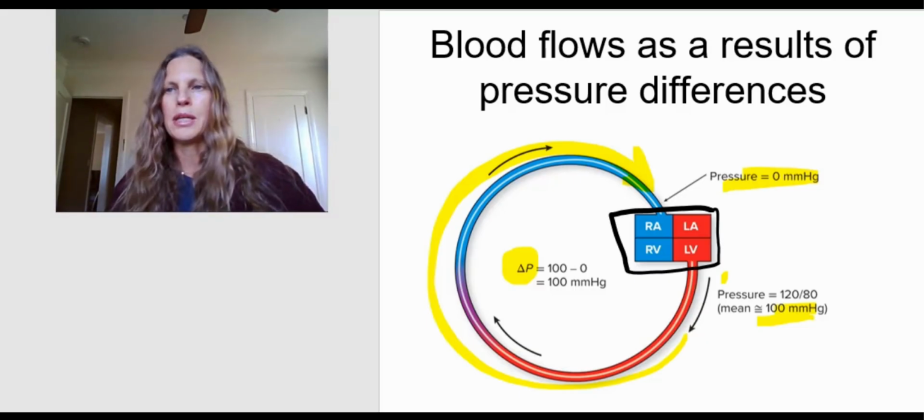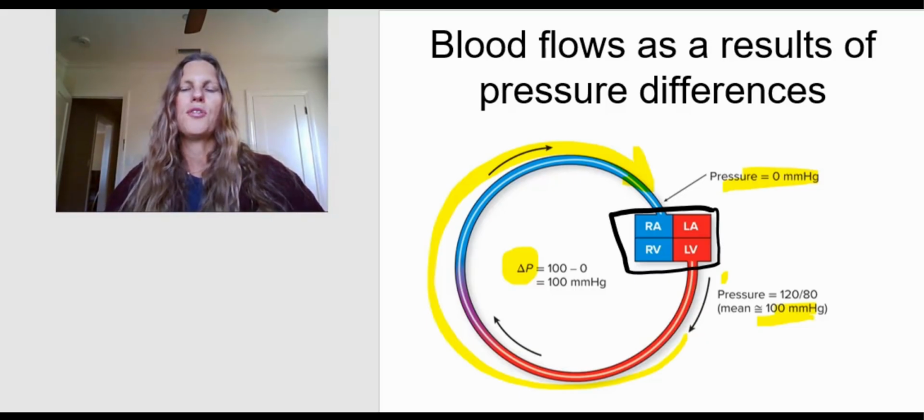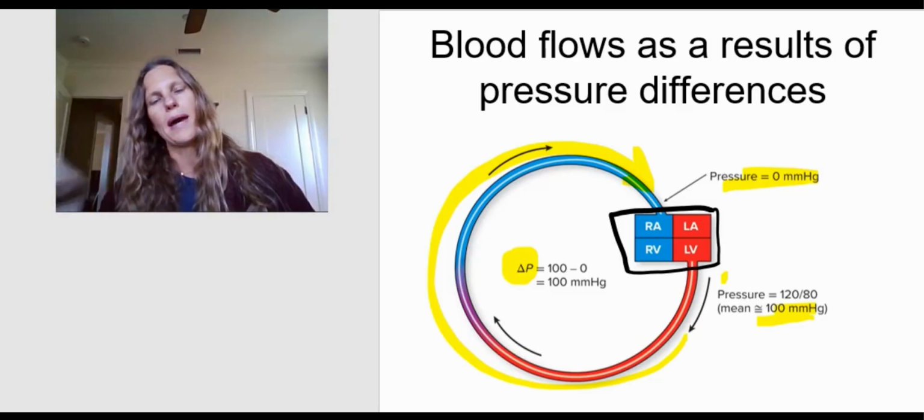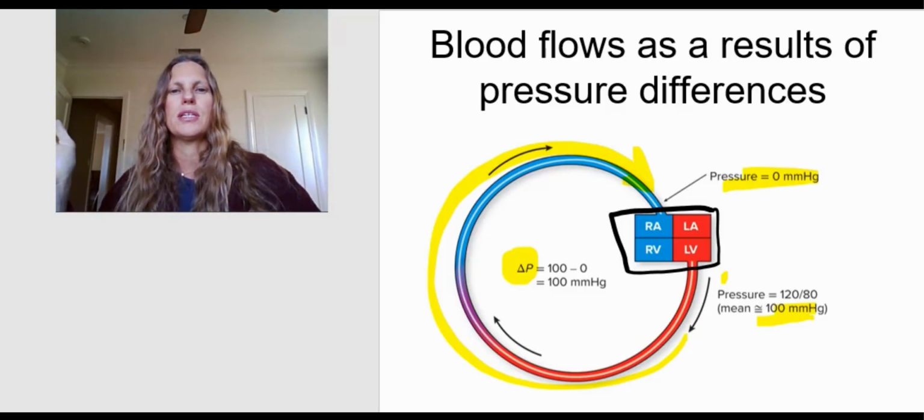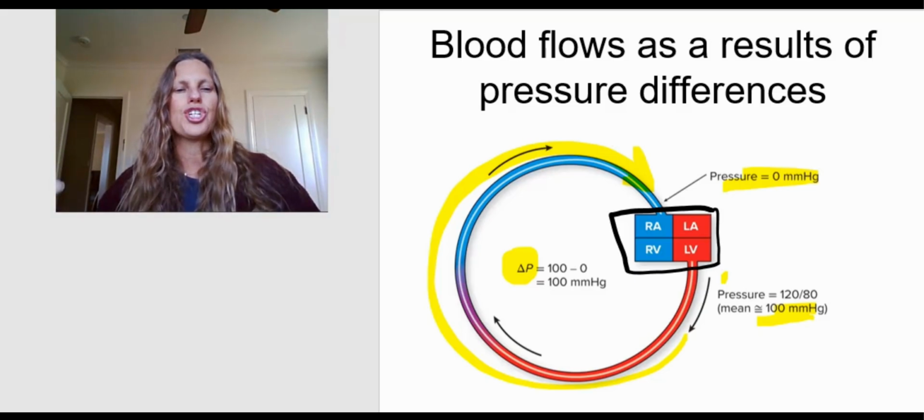So if we are leaving the left side of the heart at 100 millimeters of mercury, and we're coming back at 0 millimeters of mercury, the difference between 100 and 0 is 100. That's a pressure gradient. Remember, pressure is the force exerted by the blood on the walls of the vessels. For blood to flow, there must be a pressure gradient.